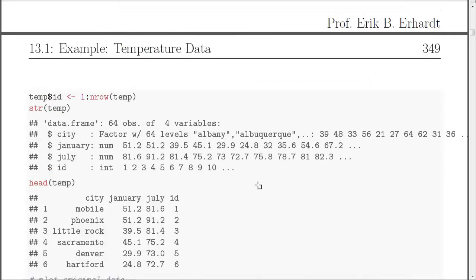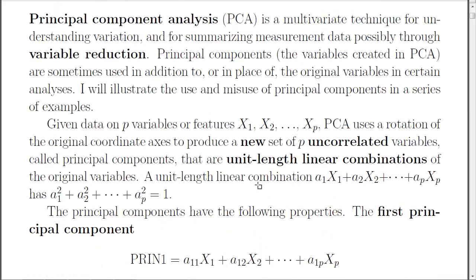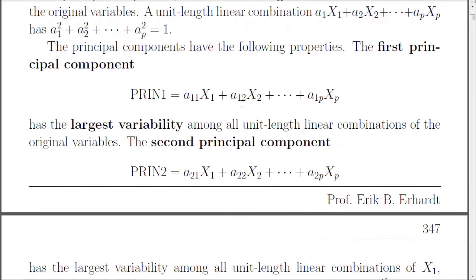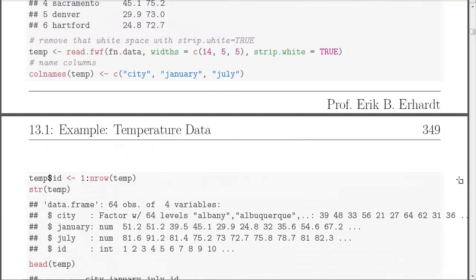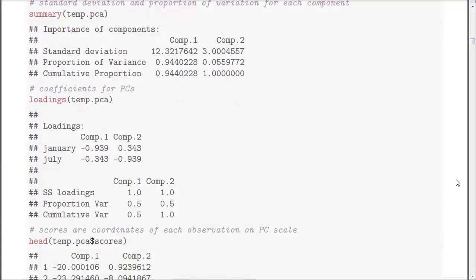If I page up for a moment to an example like this, I've got the January temperatures as x1 and the July temperatures as x2, and these a1 and a2 for principal component 1 are those loadings, and then for the second component, they're these coefficients a. So page back down. So these are those loadings.